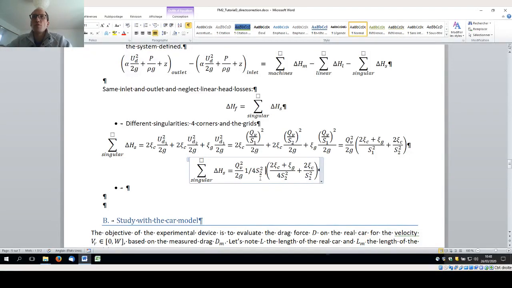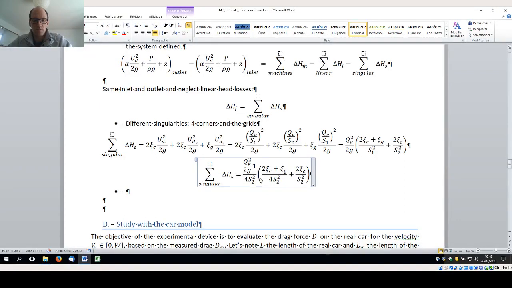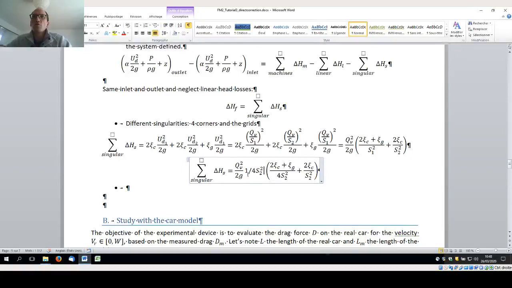After you can simplify the different elements as you want. I just need to multiply by 8.